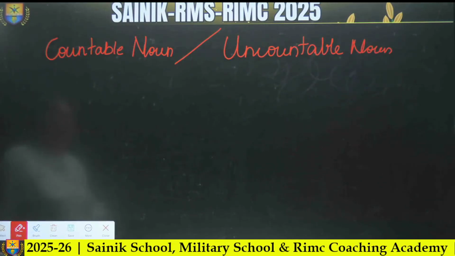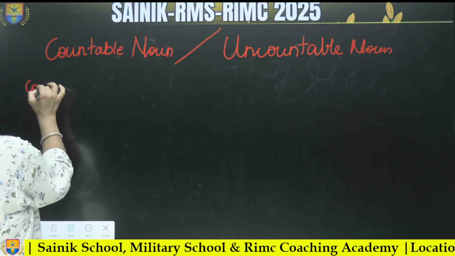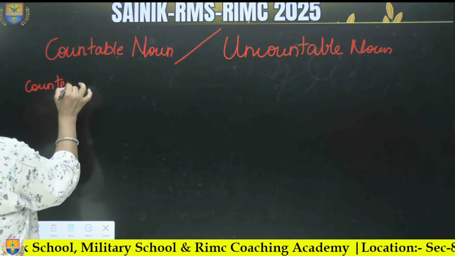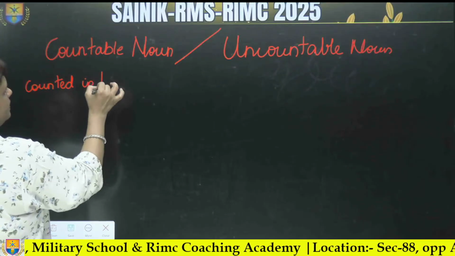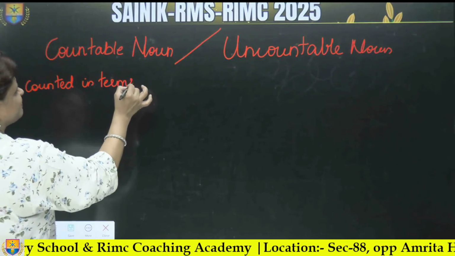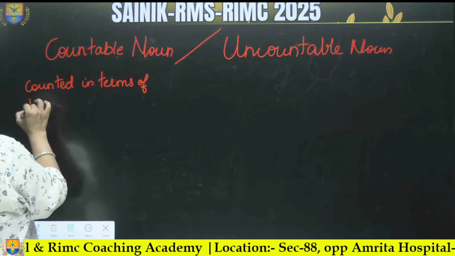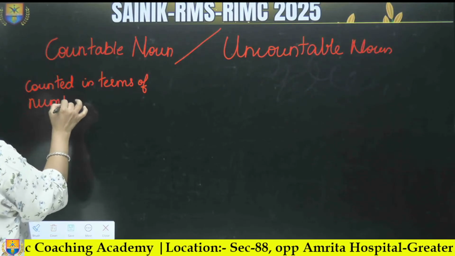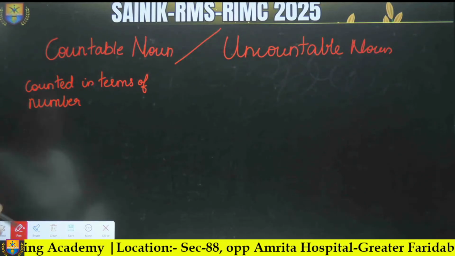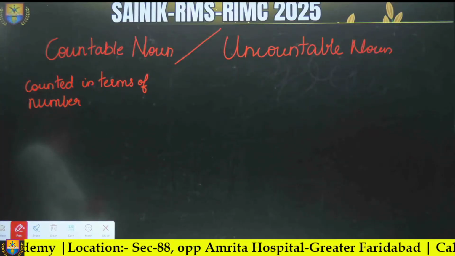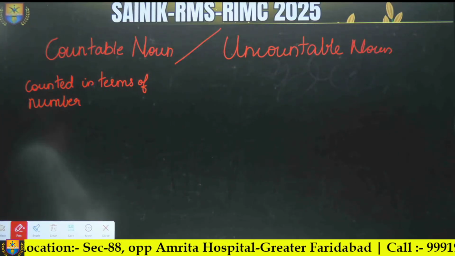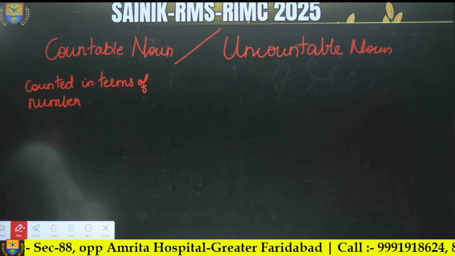Those nouns which can be counted, they can be counted in terms of number. So a specific item which we can count in terms of number is called countable nouns.